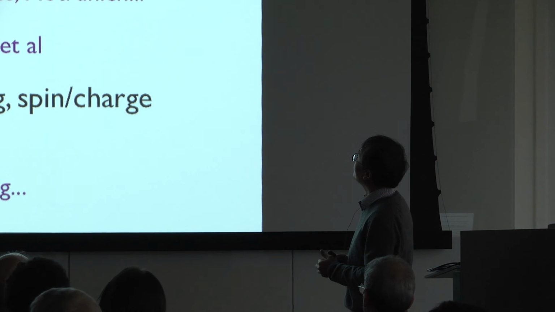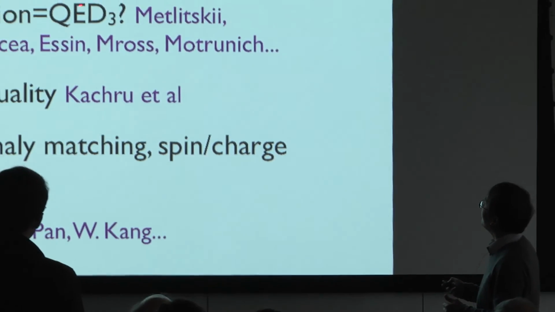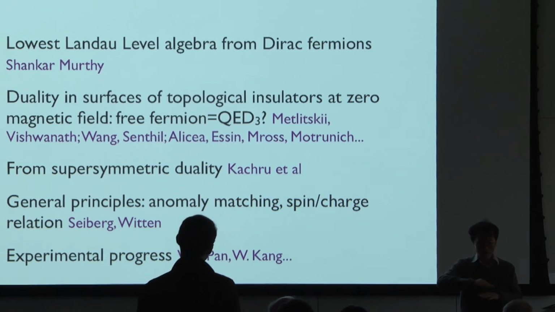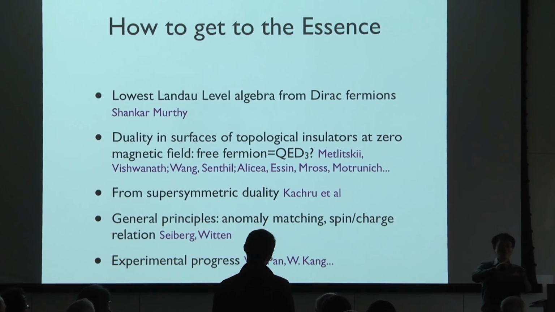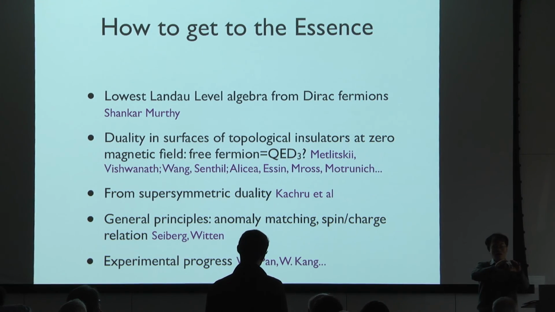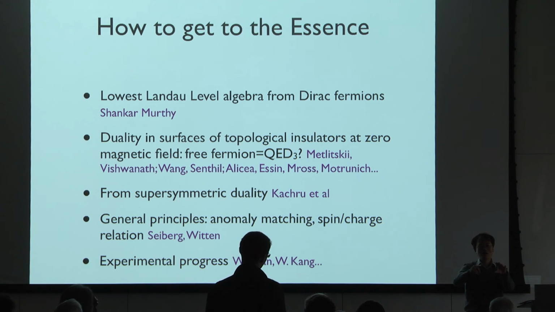One of the ideas would be the following: we define some QED3 living, say, on the surface of a domain wall. Let me give one example. Suppose you have a single Dirac particle living in a domain wall in 3+1 dimensions.